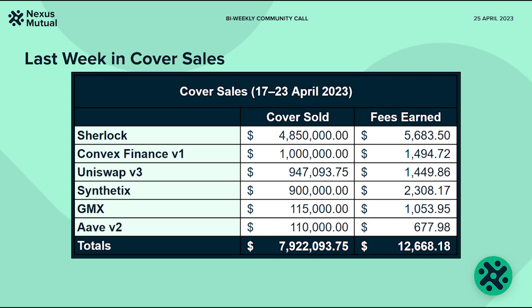Things to note on this page: we have sold a renewed cover with Sherlock this week, and it tops our list in fees earned and cover sold. We have also seen a big cover purchase for GMX this past week, and we're expecting this trend to continue.